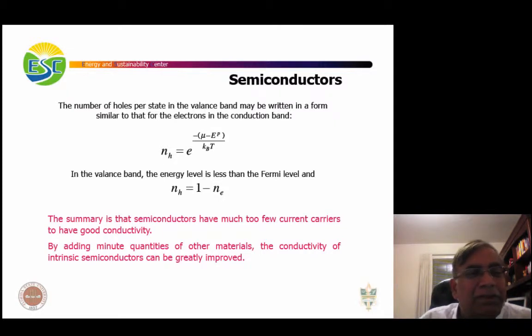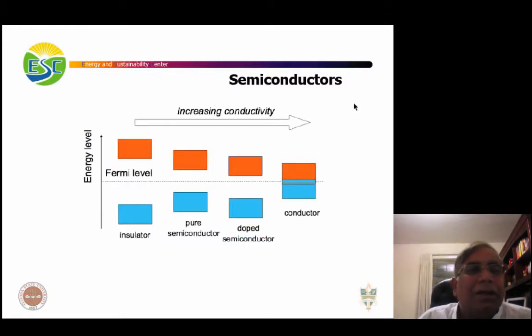The summary here is that semiconductors have much too few current carriers for good conductivity, and by adding these doping materials, the conductivity of semiconductors can greatly improve. That is shown pictorially in this plot here. This is a summary of what we have learned. The vertical axis is energy level, and in the horizontal you have the Fermi level, this is the band gap, a representation of the band gap, and you have the valence band and the conduction band.